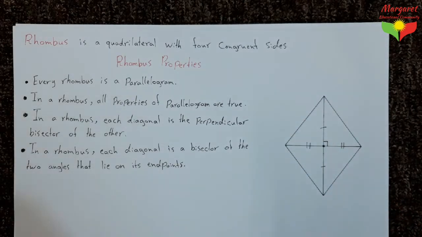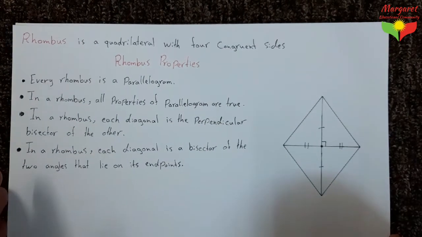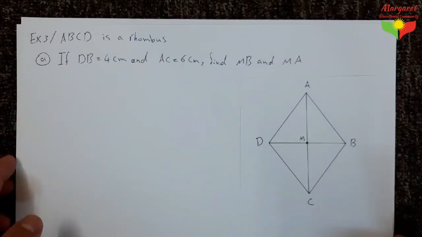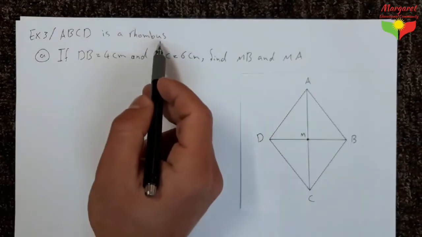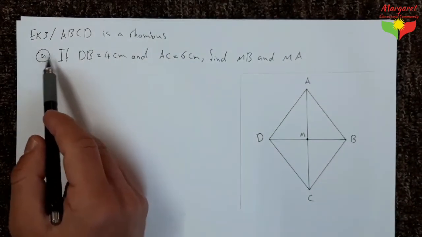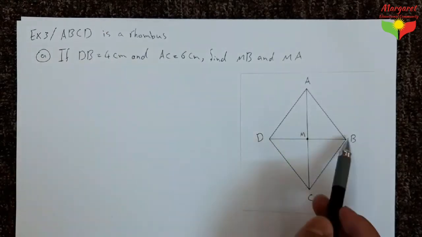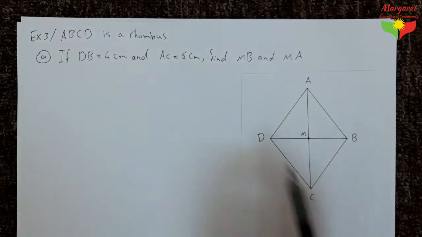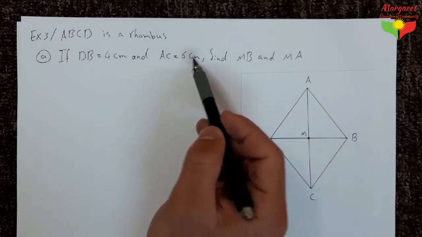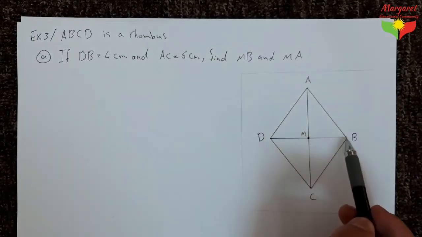Use rhombus properties to solve example 3. Example 3, given that ABCD is a rhombus and part A says if DB equal to 4 centimeters and AC equal to 6 centimeters, find MB and MA.